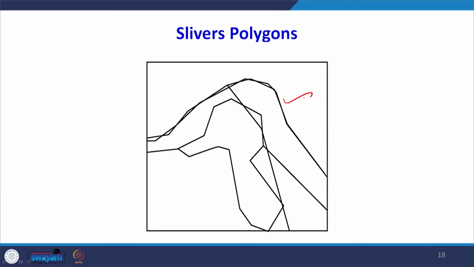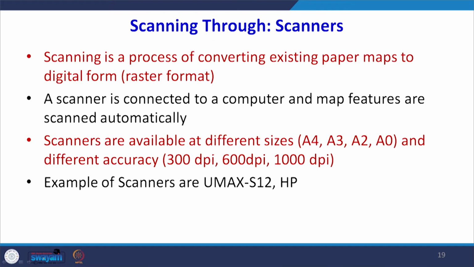I have shown you earlier also, but this diagram will make it more clear that this particular line is digitized twice, and the intersections of those two lines will create an additional polygon, or one particular vector map has been superimposed on another map. So you have two more polygons which are created over here. These are to be taken care of when you are carrying out the analysis for such maps.